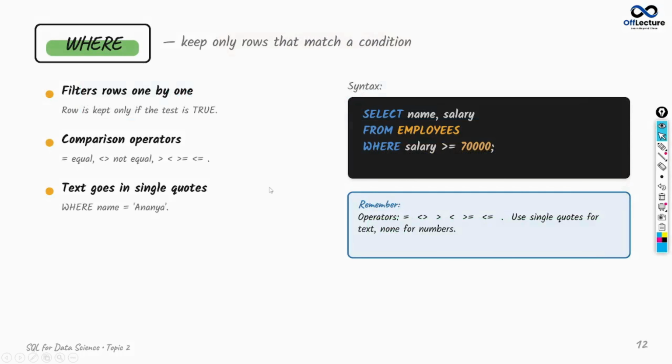Now we'll move to the next clause, or next command, which is known as the WHERE clause. WHERE is the way you filter the rows. In every dataset we want to filter the rows; we want only those rows that are required by us.